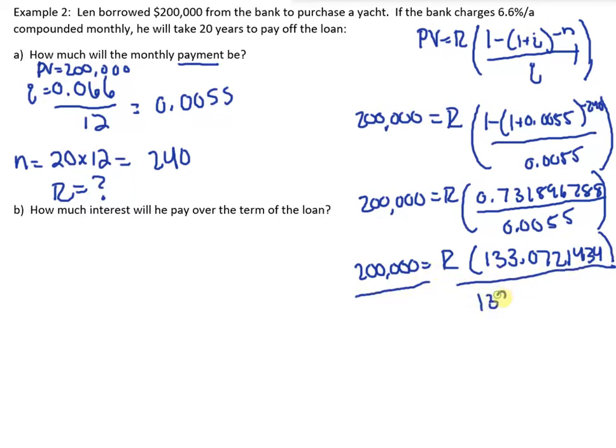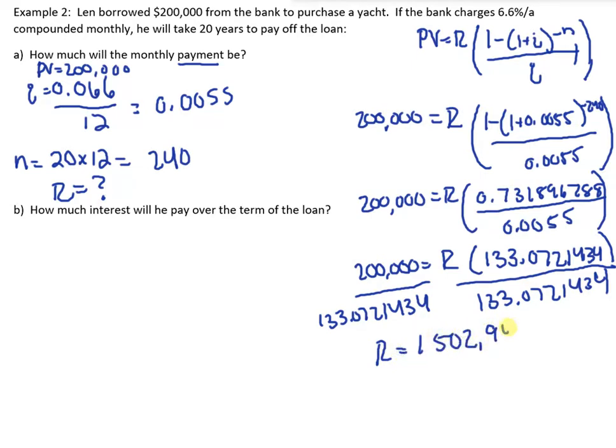Dividing by 133.0721434, I get the payments are $1,502.94.